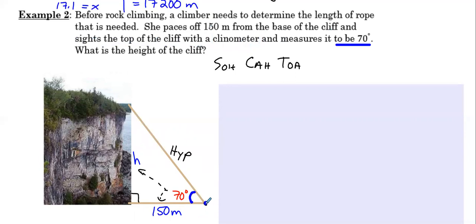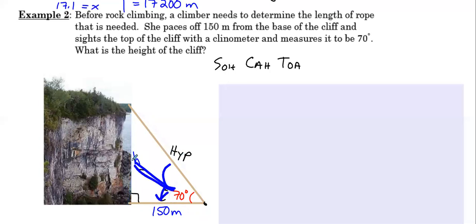So the person is standing here, now obviously you might think, well, the person's not on the ground. We're going to pretend. And there's the angle of 70 degrees all the way up to the top. And you can see you have a nice little right angle triangle. You have to find this height. So again, reference angle 70 degrees. You have the opposite side you need to find. This is the hypotenuse. You don't have that measurement, but you do have the adjacent side.